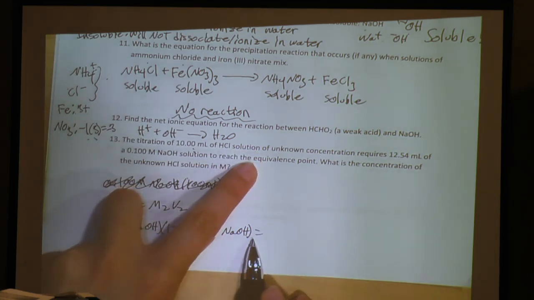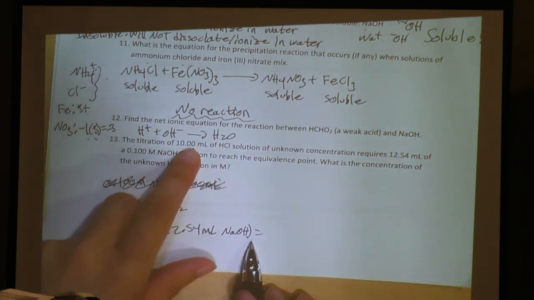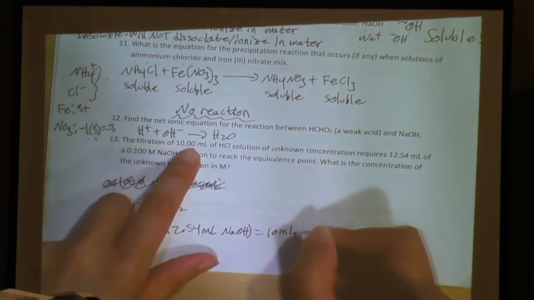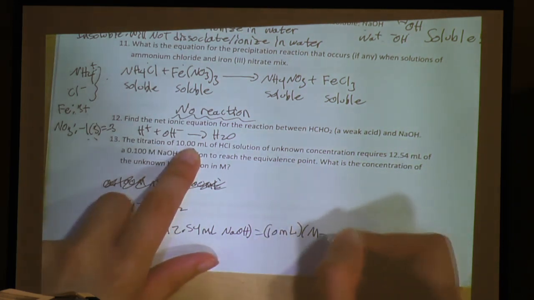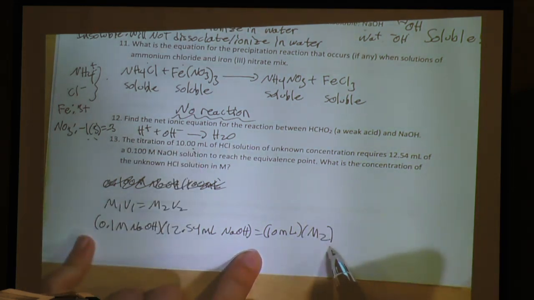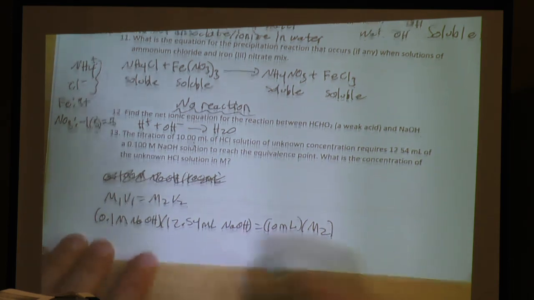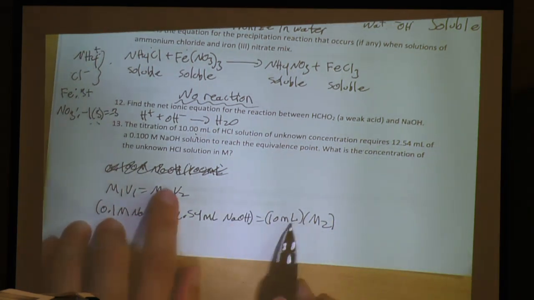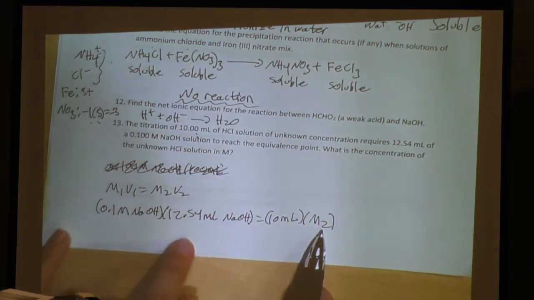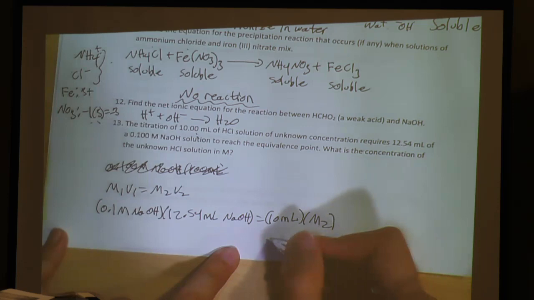We have 10 milliliters of solution, so this is the volume of our HCl, and this is the molarity of HCl. Now we want to isolate molarity of HCl.